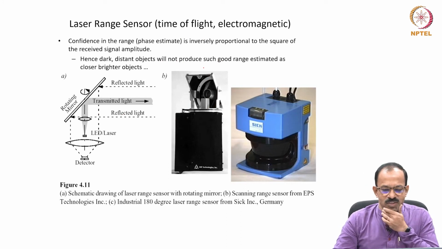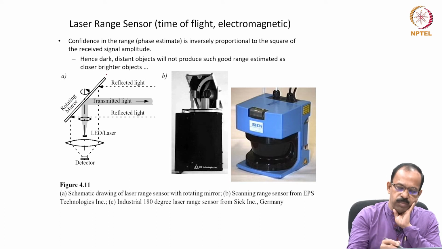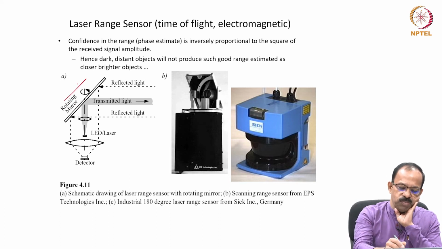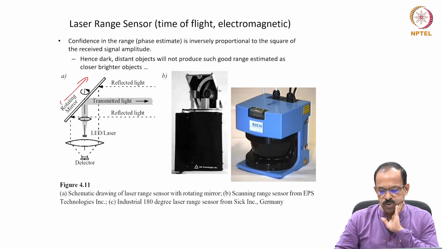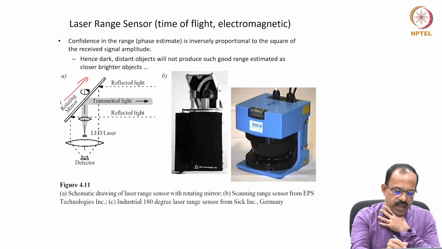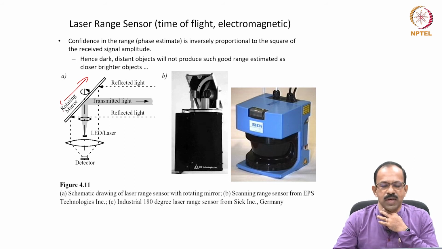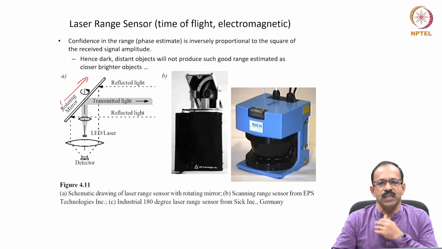And you can see this is basically the detector, and this is the rotating mirror. You can rotate this mirror to get 3D sensing also. Most of the 3D laser range sensors have a rotating mirror, which will move the beam in a 3D space and then get the measurements done.